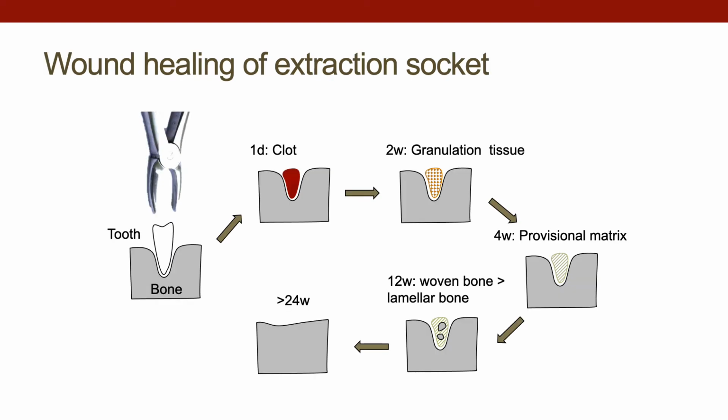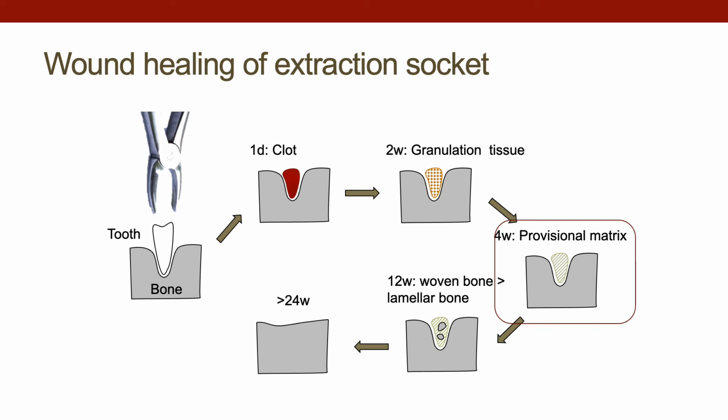This shows the time course of wound healing following tooth extraction. The tooth is extracted first. The clot forms fairly rapidly within a day. And then within 2 weeks, granulation tissue forms in the socket.